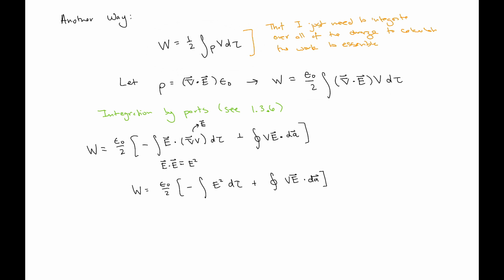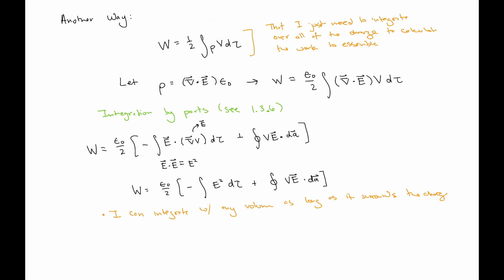So I need to make sure that whatever this volume integral is, it surrounds all of the charge here. But if I go down here, I can integrate with any volume as long as it surrounds the charge.